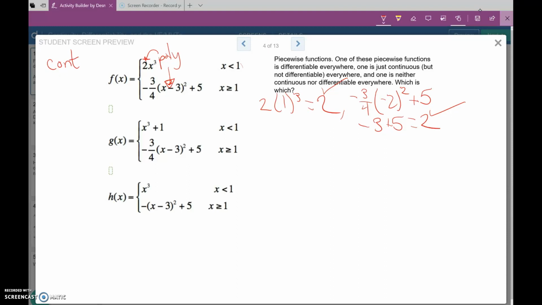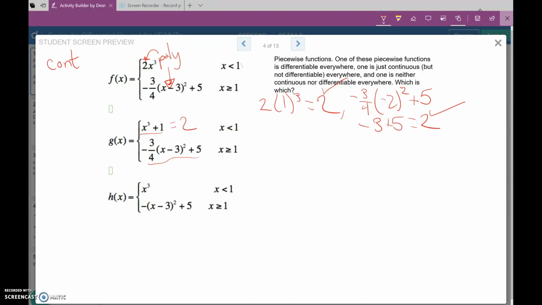So let's go ahead and check g and h for continuity while we're at it. Again, for g, I see that both pieces here are polynomials. That means they're continuous everywhere except potentially at x equals 1. So let's plug in 1 into both pieces and see what we get. When we plug in 1 here, we get 2.